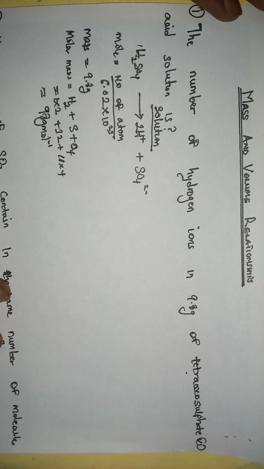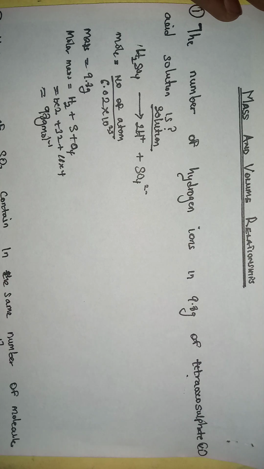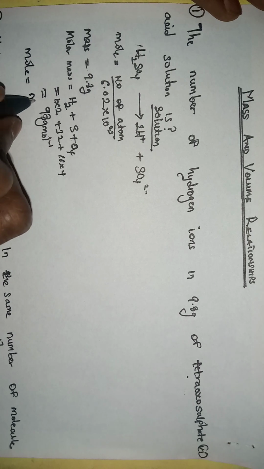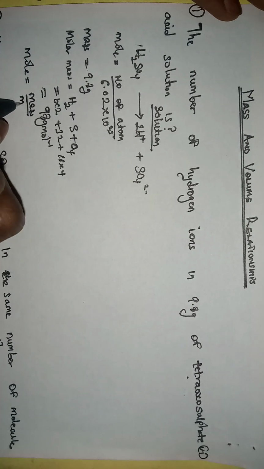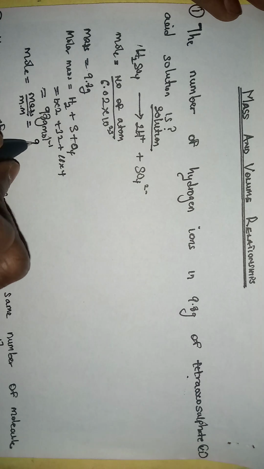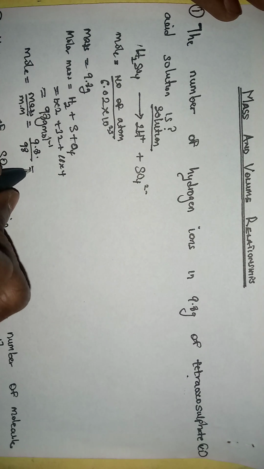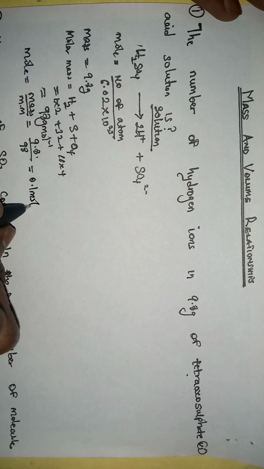After that, we can go ahead and solve for the mole of H2SO4. Mole is equal to mass upon molar mass. We have a mass of 9.8 divided by 98, so our answer here is 0.1 mole.